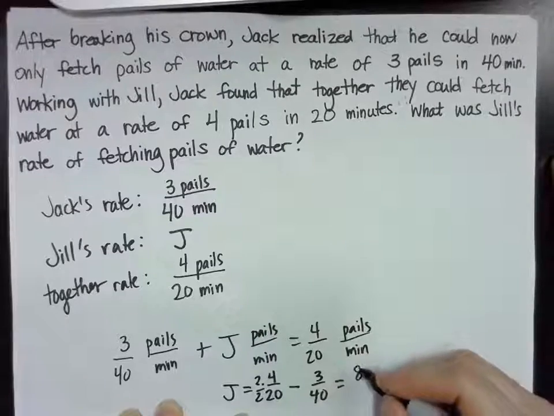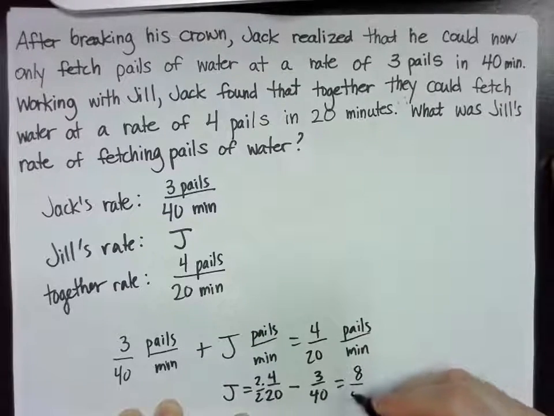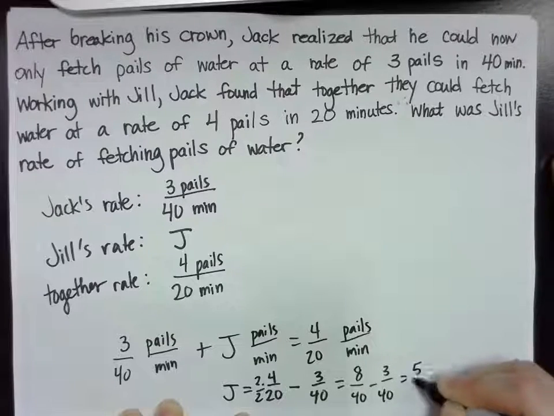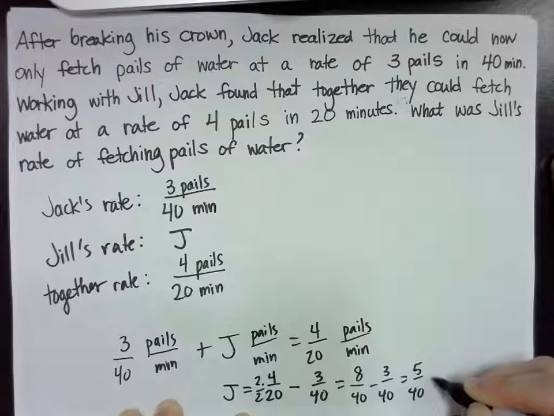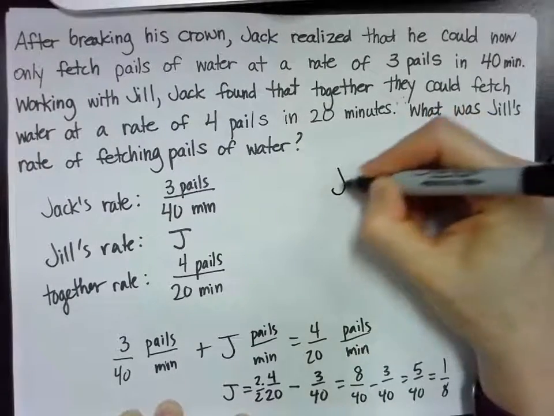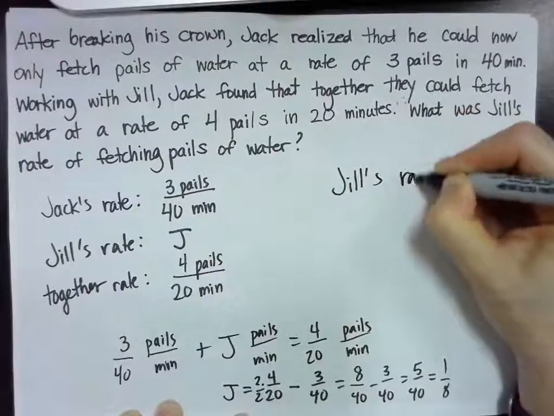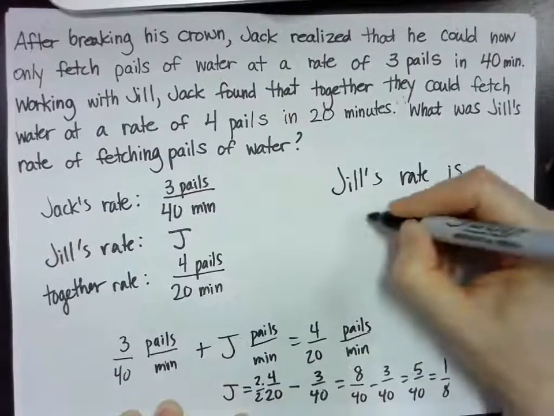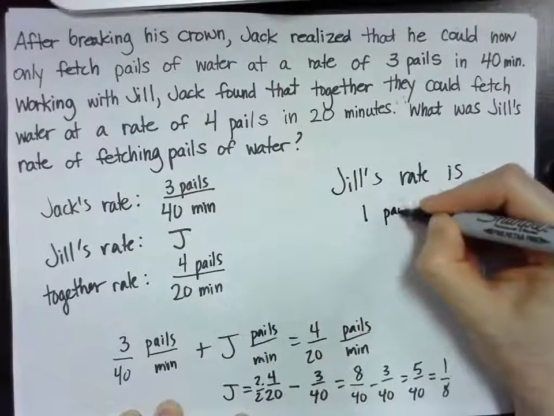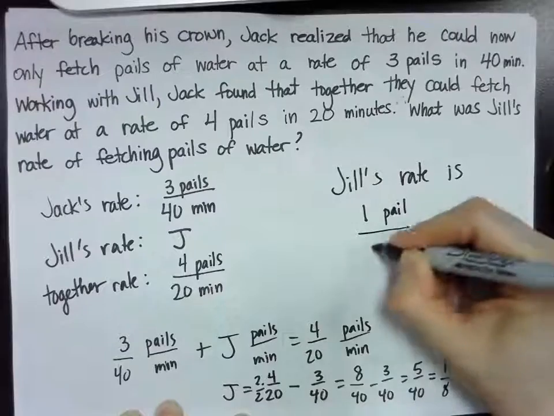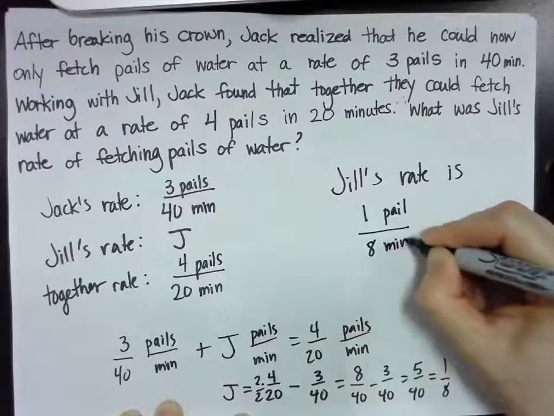So we'll get 8/40 minus 3/40, which is 5/40, or 1/8. So Jill's rate is 1 pail in 8 minutes.